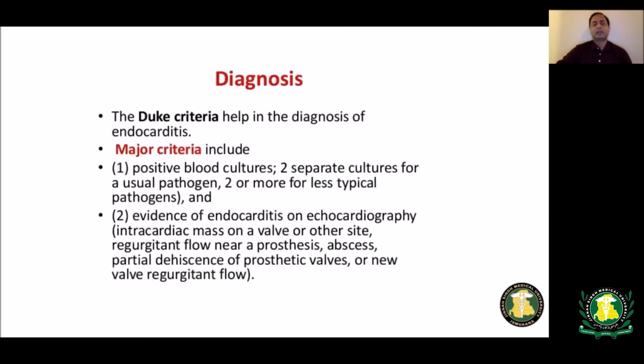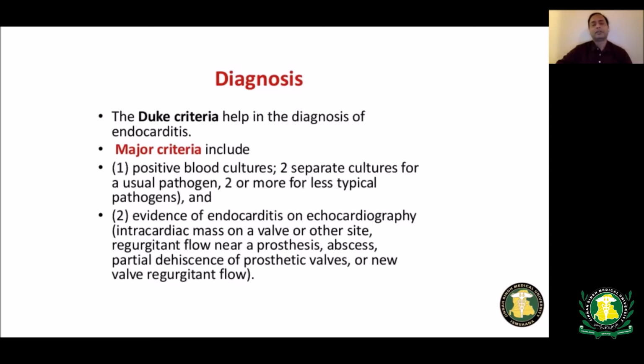So how do we diagnose infective endocarditis? We do multiple tests, which include blood tests, blood culture, CBC, ESR, and then we also do an echocardiogram if the patient has high suspicion of endocarditis.